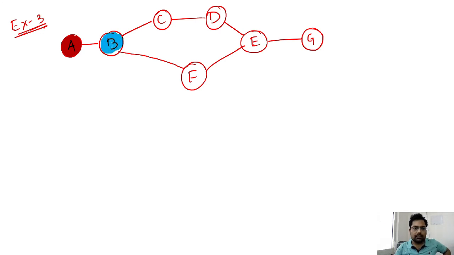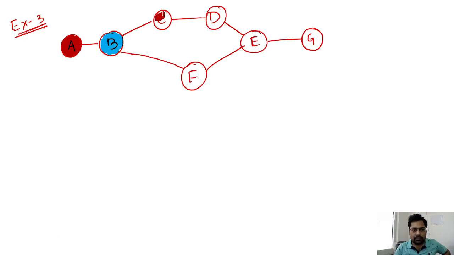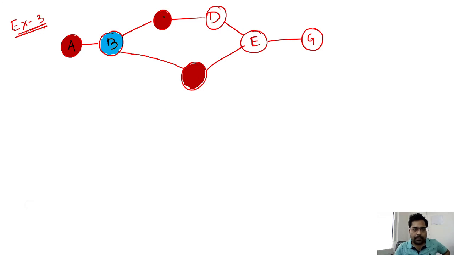Once that is done, the next immediate neighbor will be colored red. So C, I change the color of C to red. Here I colored F red as well, so C and F are red. Now I change the color: as for C, the color will be blue, and as for F, here the color is blue.